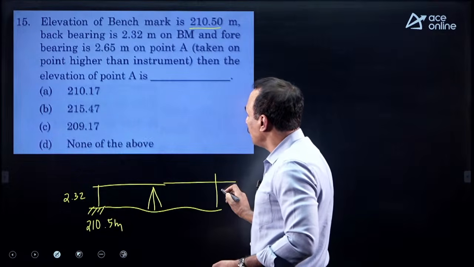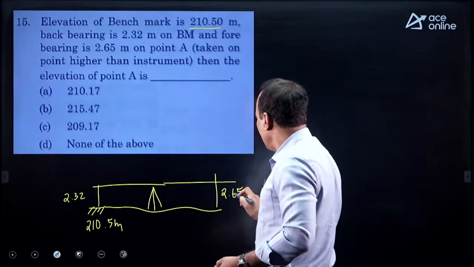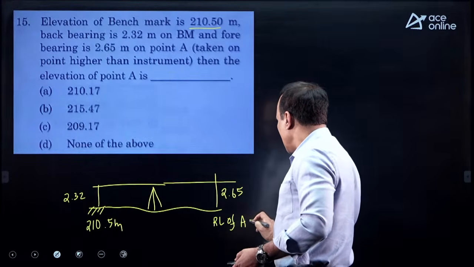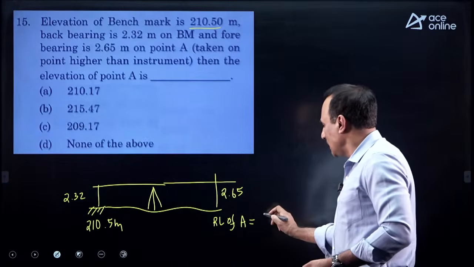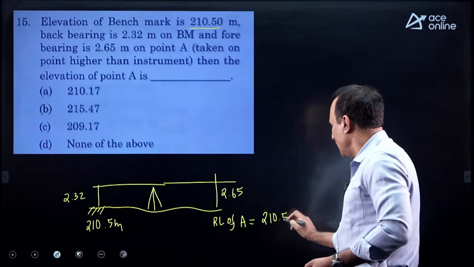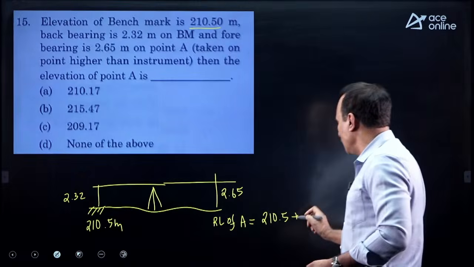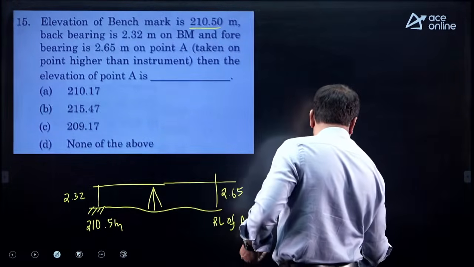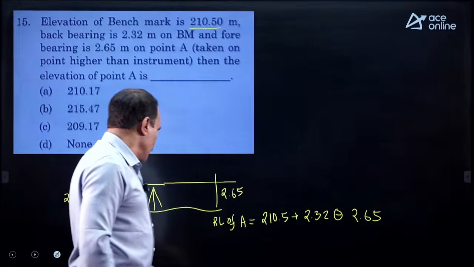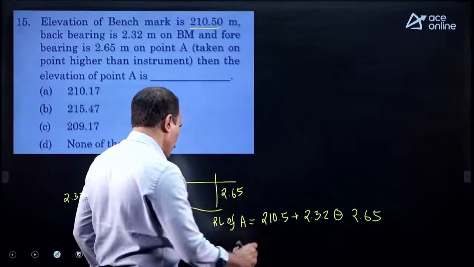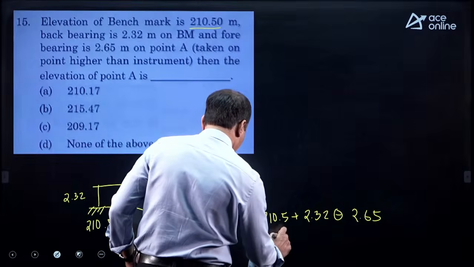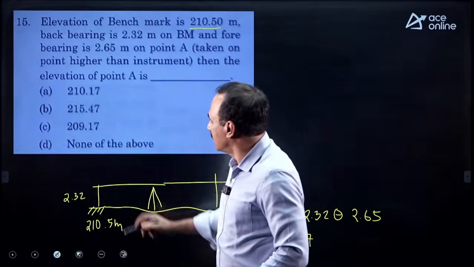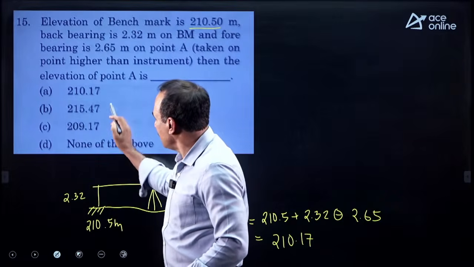The front reading here is 2.65. Now, what is the RL of point A? RL of point A is given by 210.5, we need to go up by 2.32 minus 2.65. So if you take this, the answer is 210.17, not nearest, exactly the same. The answer is option A.